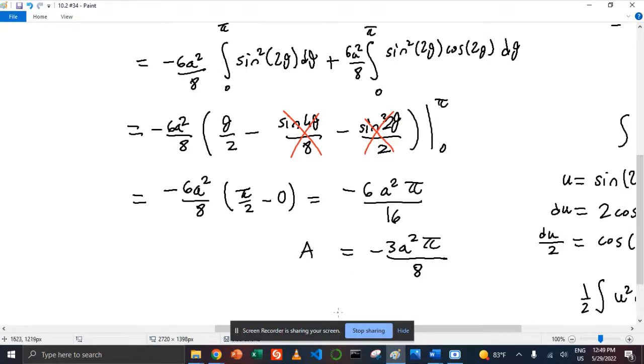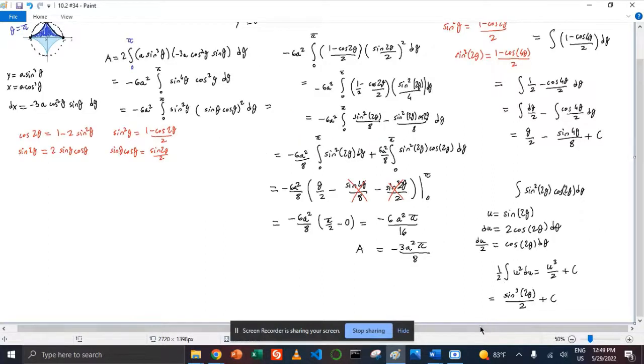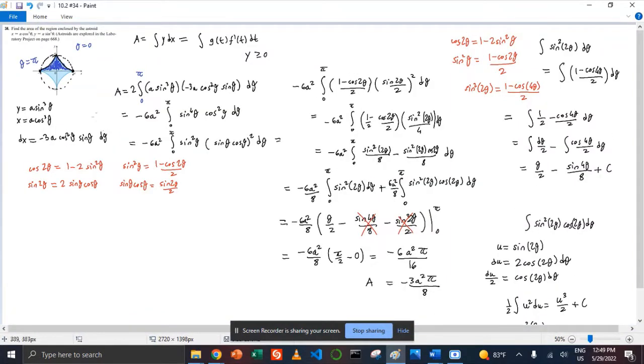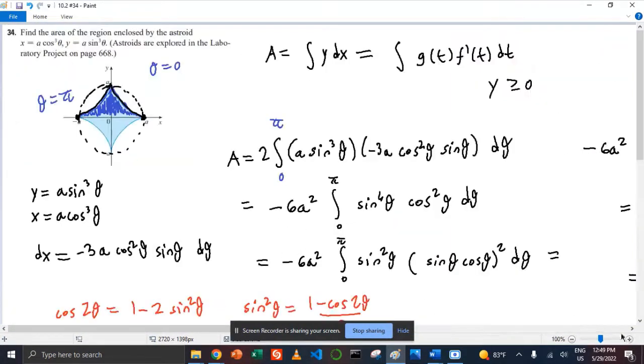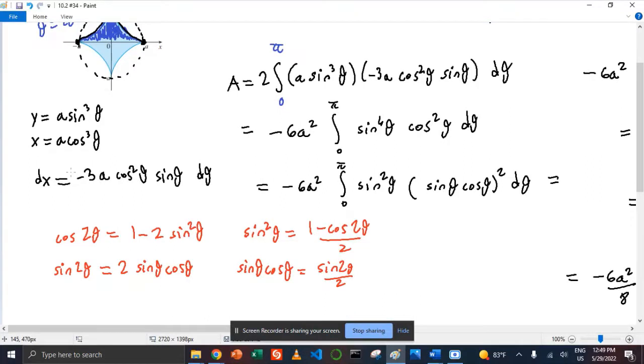But wait a minute now. It's a negative number here. A is a positive number. A is just the length or width of the asteroid. So why is this a negative number here? The reason is because if you recall from a while back, if we go back to the original, when we took this differential, notice that this differential is negative.